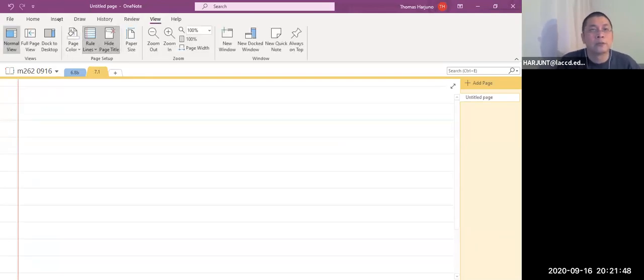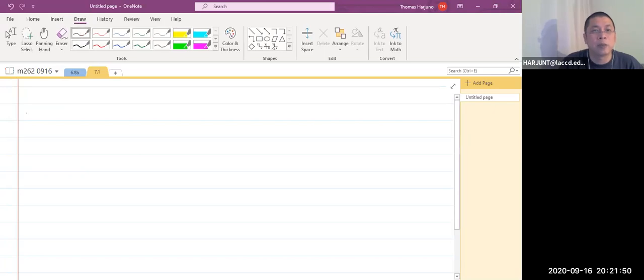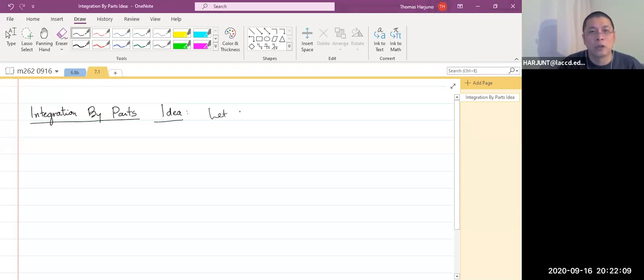7.1. This is integration by parts. In my class, I will shorten that to IBP. Idea. Let u be a function of x and phi be a function of x also.